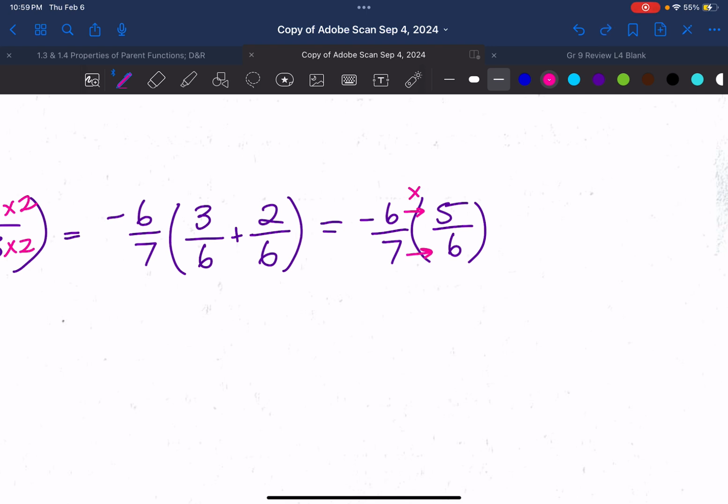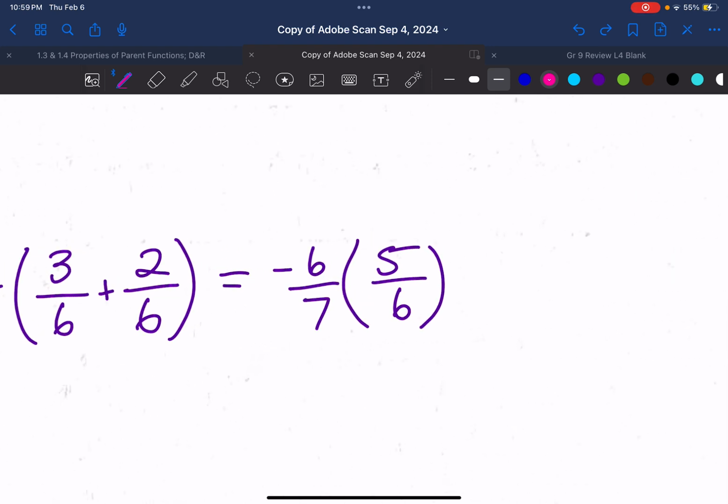You can also use a fast trick that I don't think I mentioned in class, just because I wanted you to see how we got these numbers. But if you ever have a repeating number that's in the numerator and denominator, you can just cancel it out. So for example, we both got 6's here. I can cancel out the 6's. And my final answer will just be negative 5 over 7.